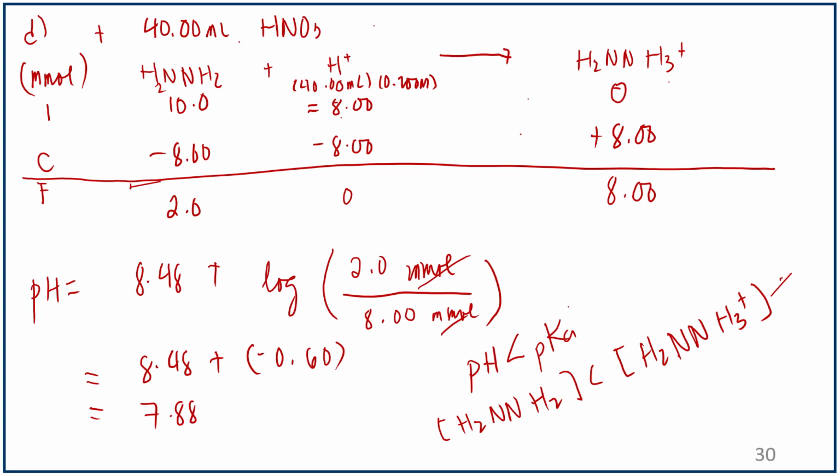All right. And then we now go to what if we add a total of 50 ml of nitric acid. So again, just write an ICF table.